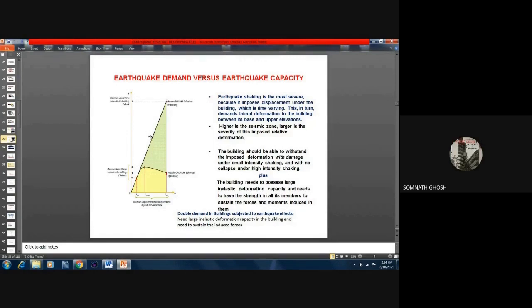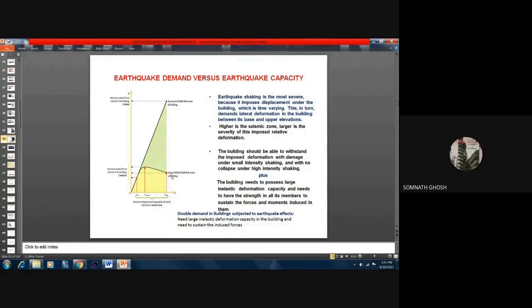It is ideal. But practically, it is like this. Why? After a particular point, you are allowing post-yield deformations. You are allowing the building frame to crack. You are allowing nonlinear behavior.